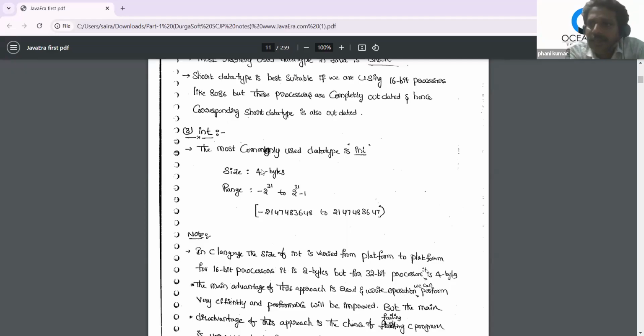But I have one small doubt about this type. In C language, an integer takes 2 bytes of memory, but in Java, an integer takes 4 bytes of memory. If Java is better programming, it should take less, but it takes more. This is the doubt that occurred in my mind.